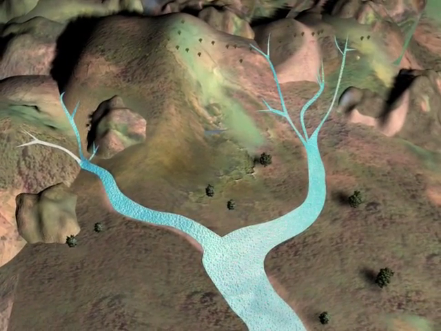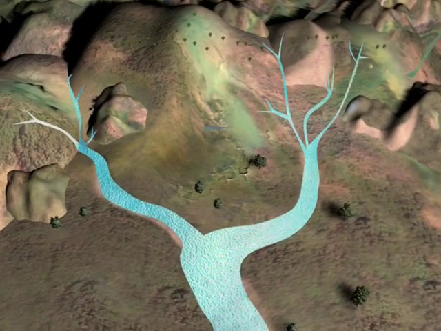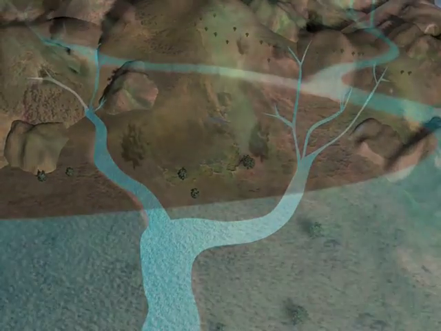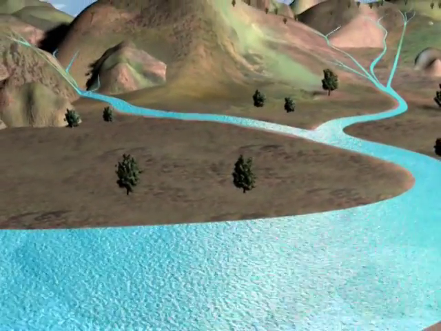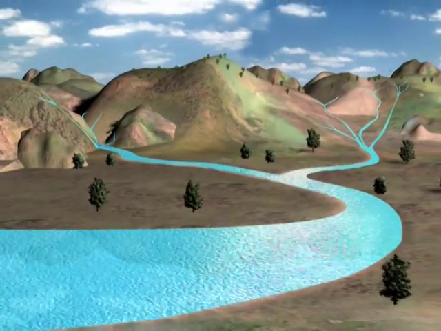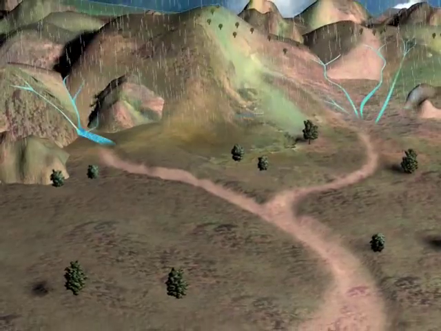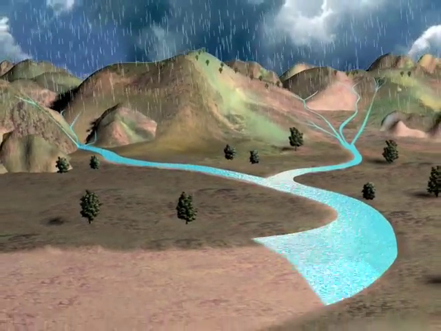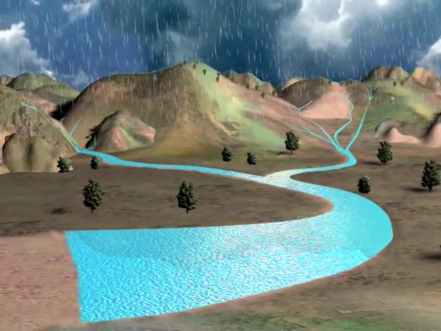A watershed area can be visualized as a landscape, shaped unevenly like a bowl or basin. When it rains, water flows down from the top of this bowl to collect at the bottom.